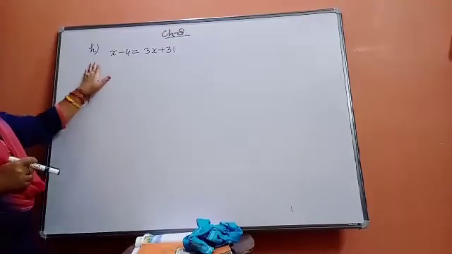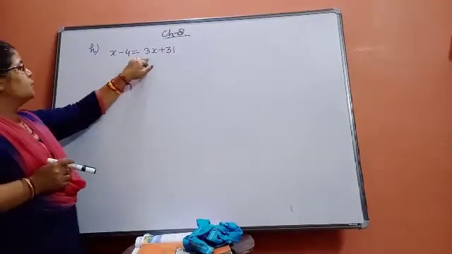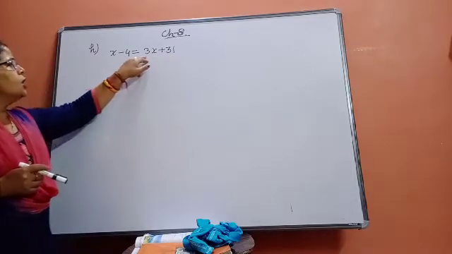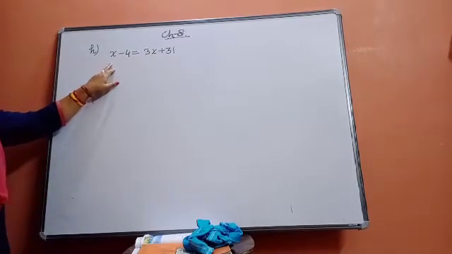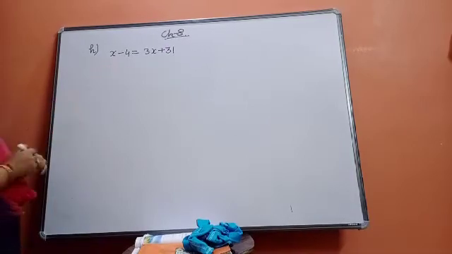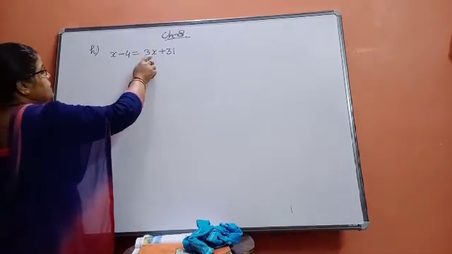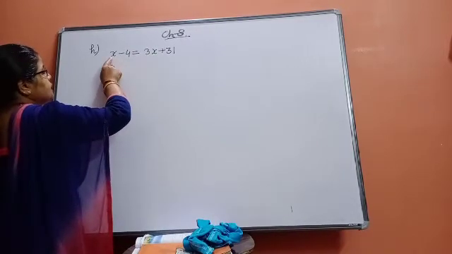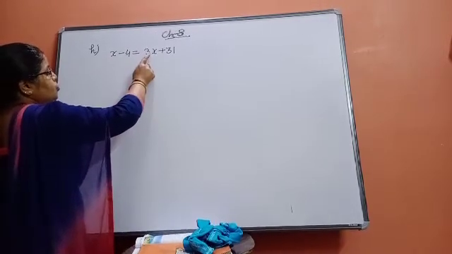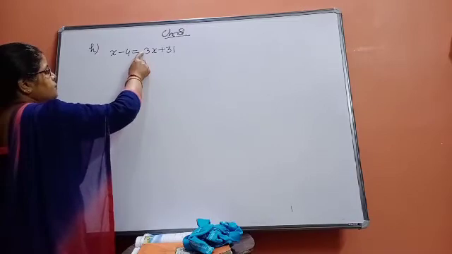Now see, beta, H part of the question: x minus 4 is equal to 3x plus 31. You should guess what we can do in the given equation. Here 3x is already on the right hand side and here x is there. So better that you remove this 3x. It is positive 3x.